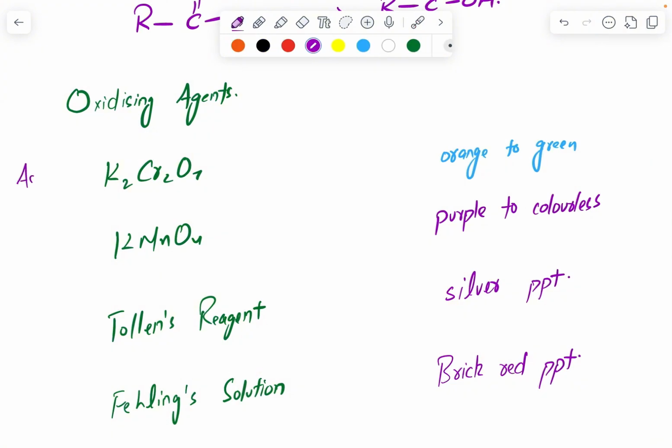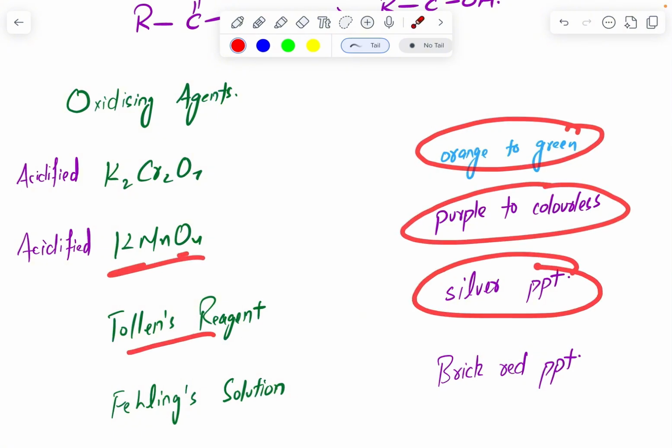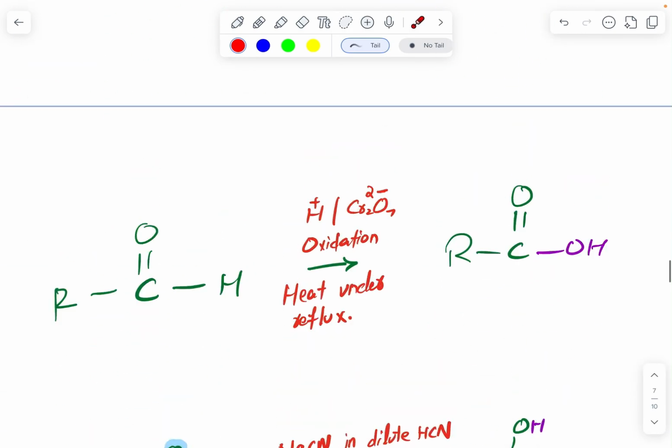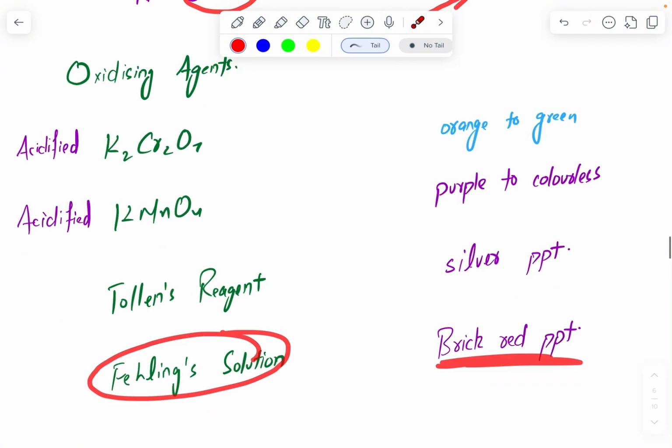This must be acidified. Clear? This must be acidified. The color change would be orange to green for the dichromate. For the potassium manganate, it would be purple to colorless, Tollens' reagent gives a silver precipitate, and Fehling's solution forms a brick red precipitate. That's how we can convert the aldehyde into the carboxylic acid.